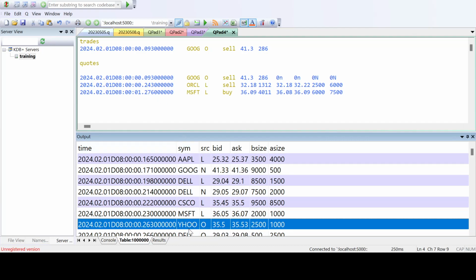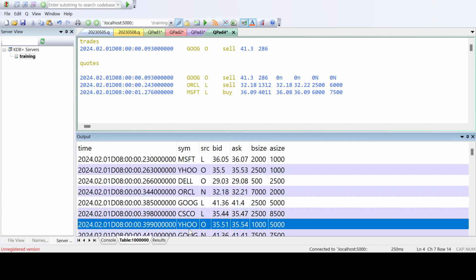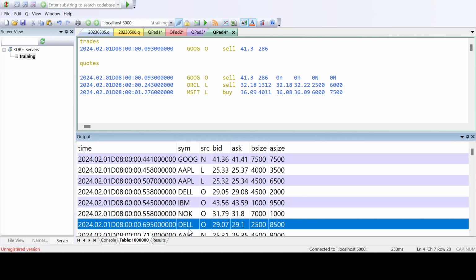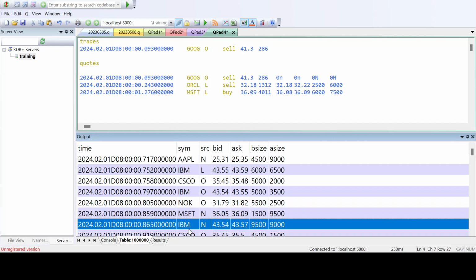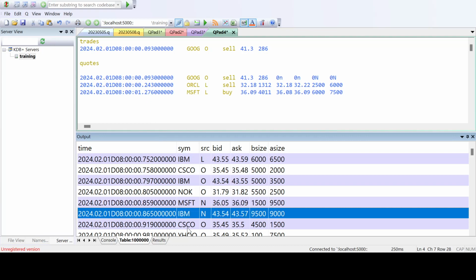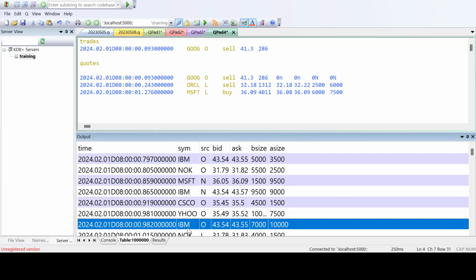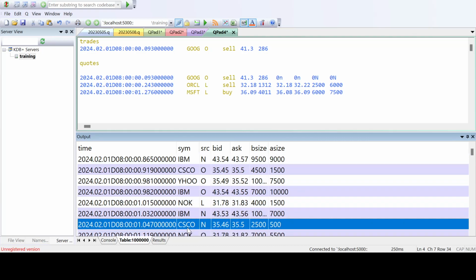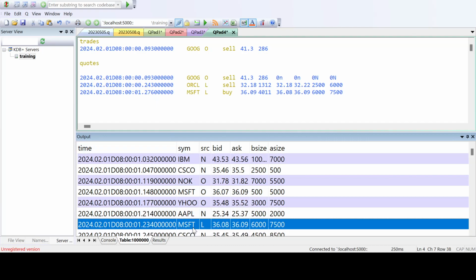So we will check another record: 0.859. Again, it took place before this, but let's see if there was any other quote before this time. This one took place at 1.148, again before 1.276. So let's move ahead.